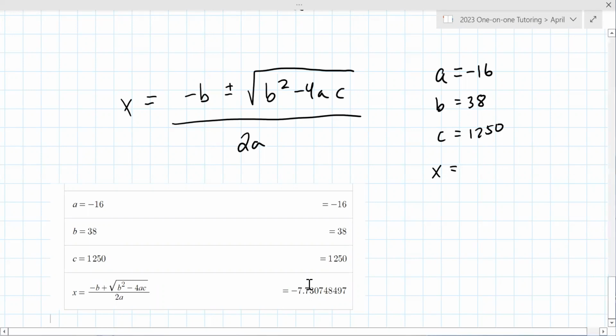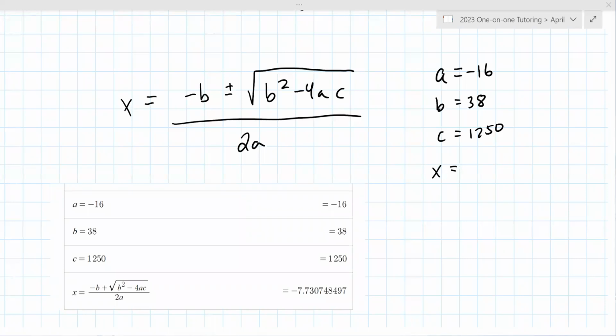But this is not the answer. This is one of the answers. To get the other one, you have to change this plus to a minus. So that you could, for example, copy and paste this into the next line and change it to a minus, or just change this to a minus. Lots of options. So let me know what you come up with for that one.